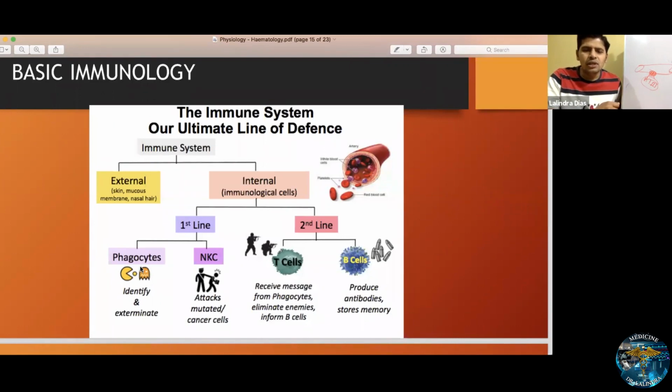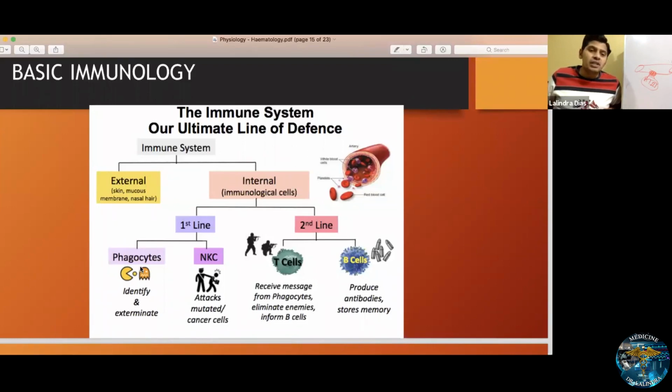Then for innate immunity, not only phagocytosis, they also have NKC, that is natural killer cells, which attack mutated or cancer cells particularly. So first line defense has phagocytosis mainly by the neutrophils and also by macrophages.